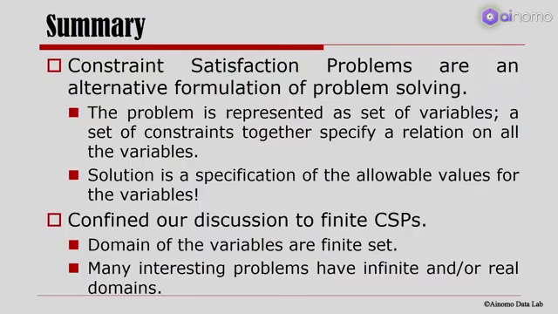A solution is a specification of the allowable values for the variables. We have confined our discussion to only finite CSPs, CSPs whose domains are finite sets. There are many interesting problems that have infinite or real domains. We have not looked at them.